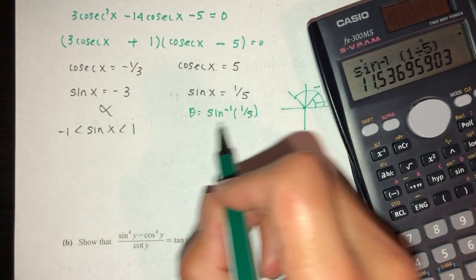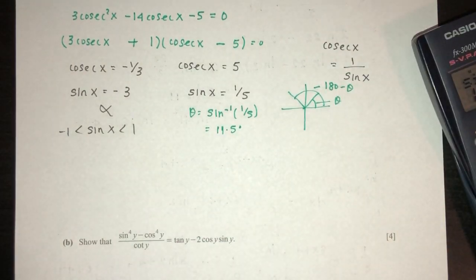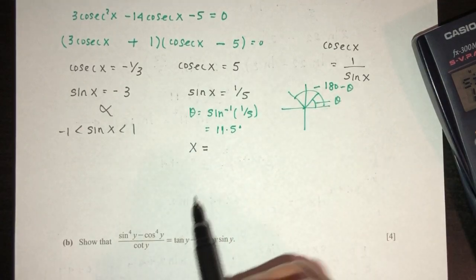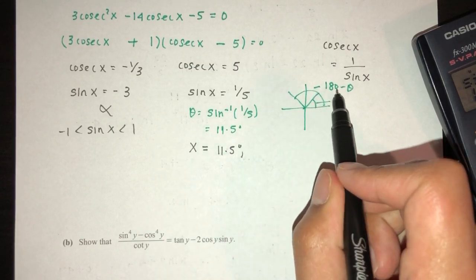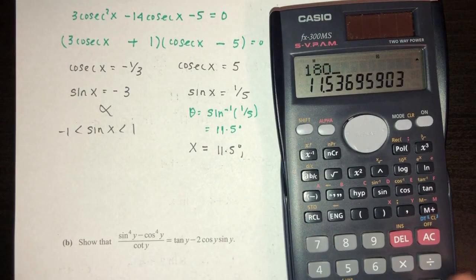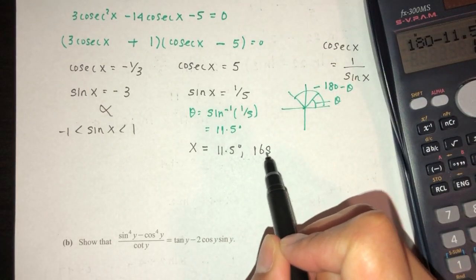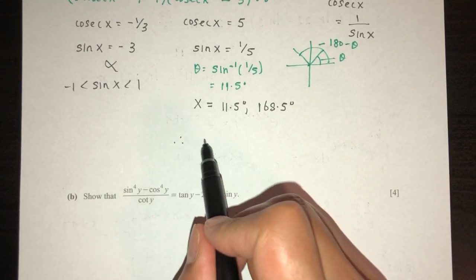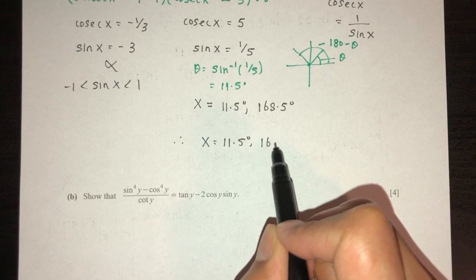That will be 11.5. Okay, so now using this value, let's find the value of x. To find the value of x, we have to look at your quadrants. It is equal to theta, 11.5, and then it is equal to 180 minus theta. That will be 168.5. Okay, so your answers for this question will be 11.5 and 168.5.